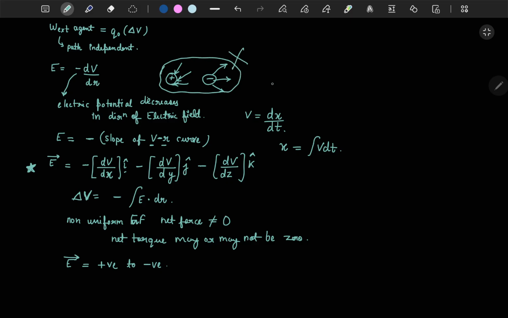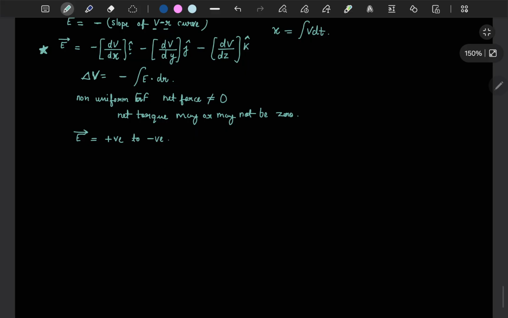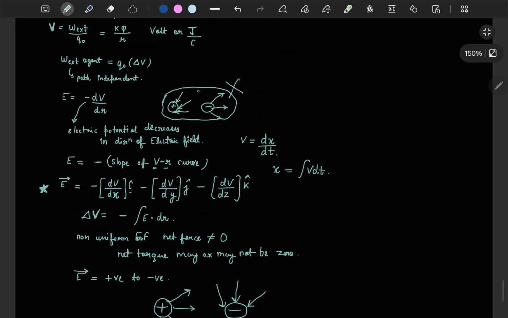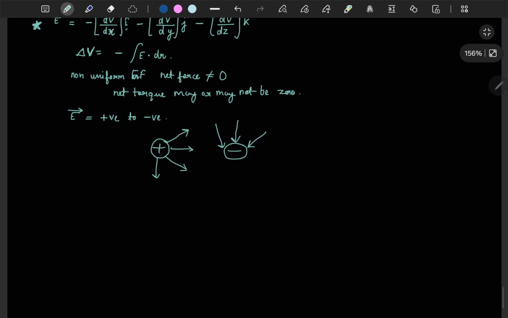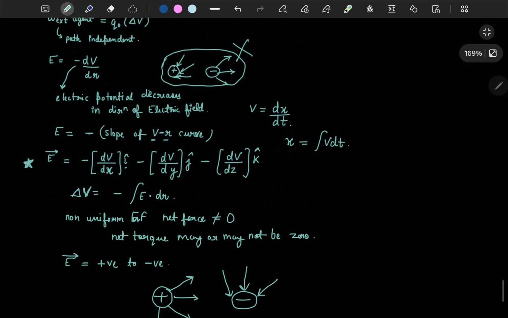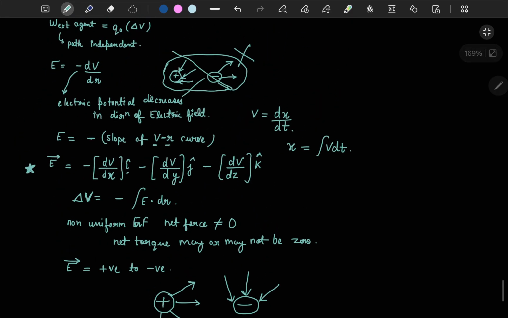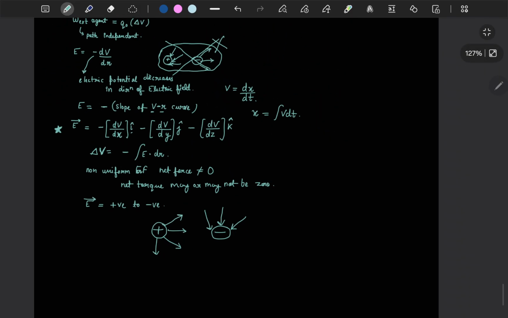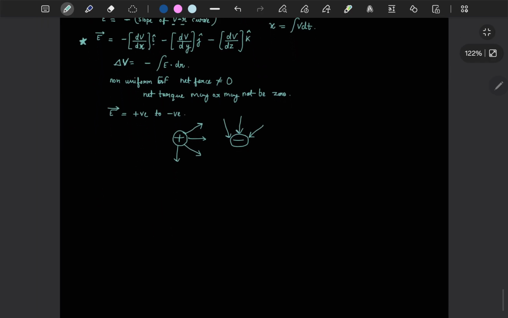It is incorrect. In case of a positive isolated charge, the electric field direction is radially outwards, not inwards. And in case of a negative isolated charge, it is radially inwards. So electric field direction will be positive to negative. Sorry for this wrong concept. I am leaving it here only so that you will not have any confusion.